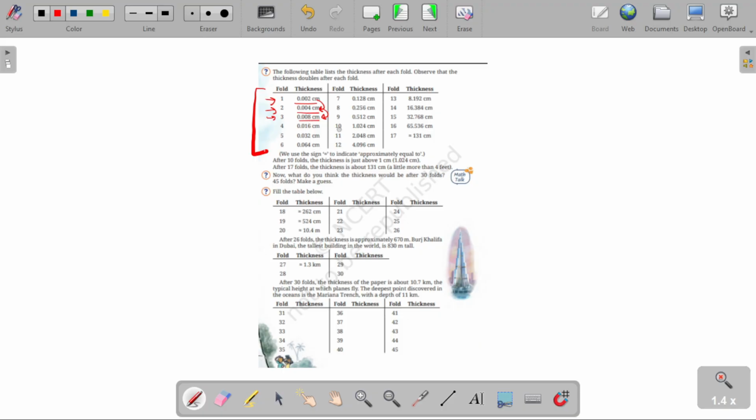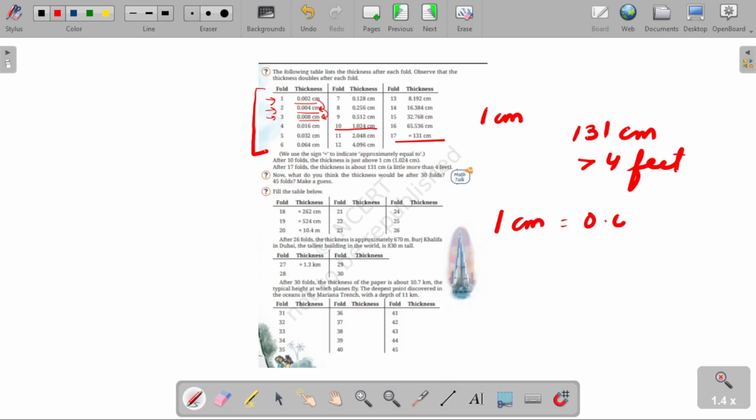Continuing like this, after the 10th fold it becomes more than 1 centimeter, and in the 17th fold it becomes 131 centimeter, which is greater than 4 feet. For your info, 1 centimeter is equal to 0.028 feet. So when it becomes 131 centimeter, it is a little more than 4 feet, and it happens after 17 folds.